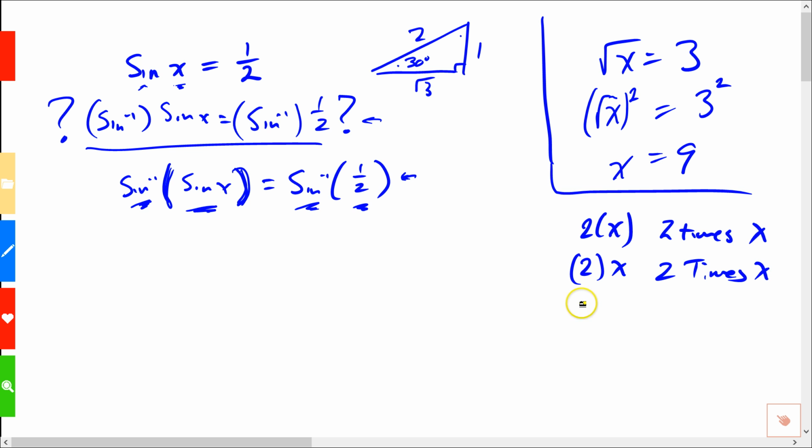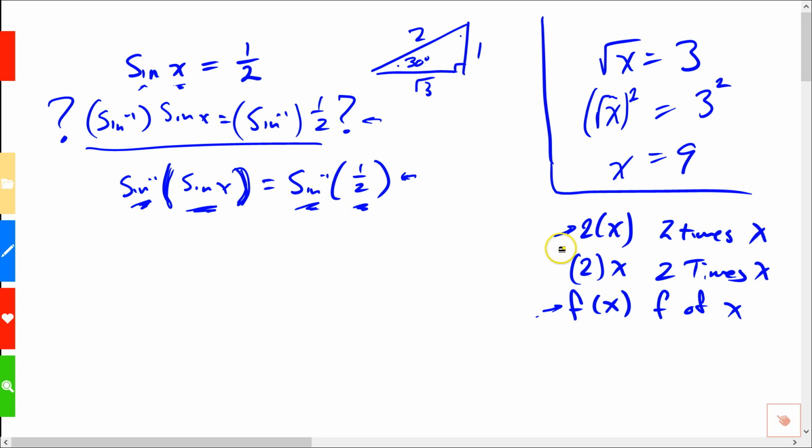However, if I write f(x), that's f of x. It's not multiplication. It means I've got a function whose name is f, and I'm taking x as the input and plugging it in to see what I get as an output. This is not multiplication. It looks just like this, but it's not.